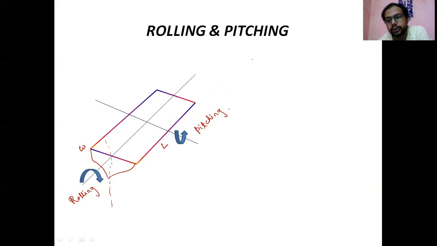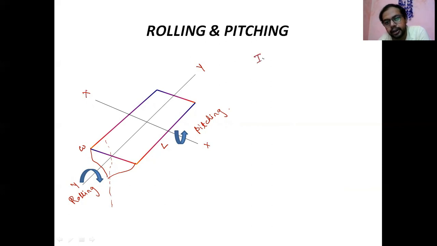Which axis? This is the rolling axis. Name it Y. So the Y axis is the rolling axis, and the X axis is the pitching axis.